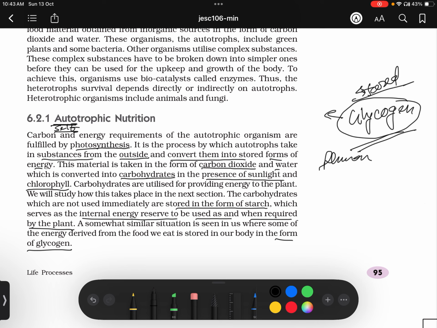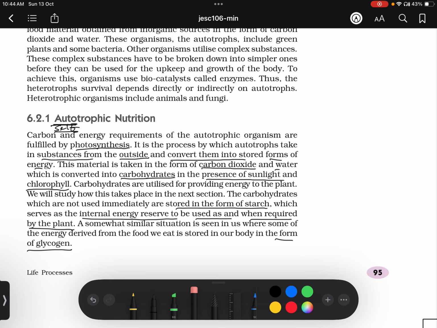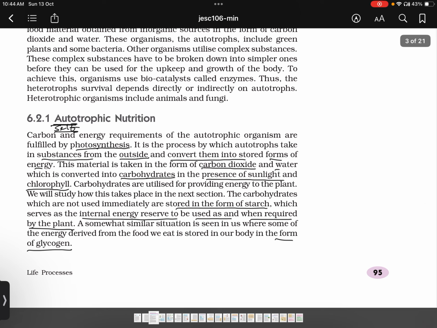It is also a carbohydrate. They might ask you this, so you have to remember glycogen and starch. Starch is found in plant and in humans or animals, it is called glycogen. Okay, up to this much I think it's clear.